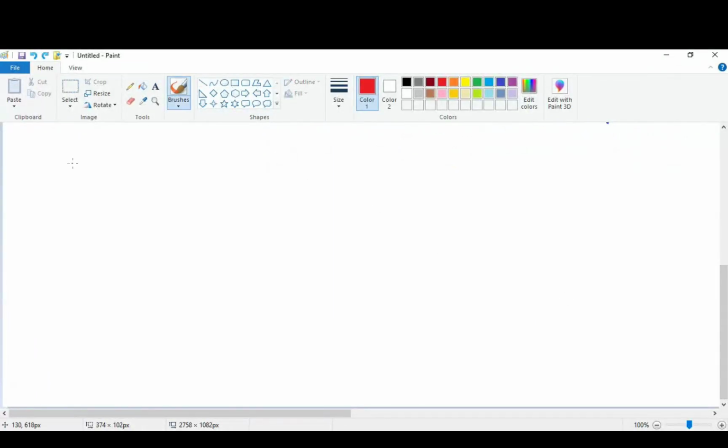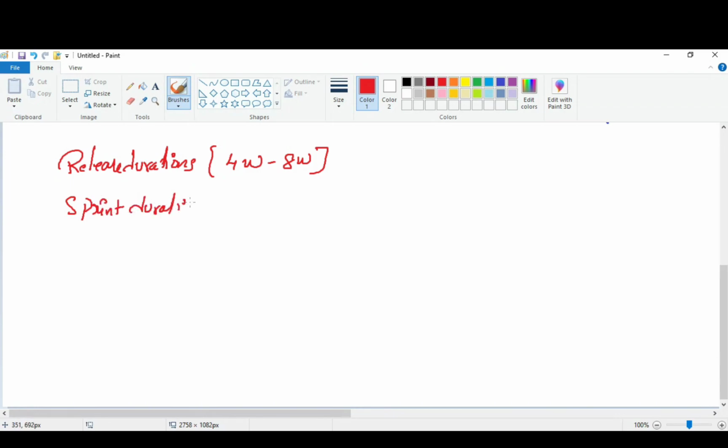Guys, release durations: take 4 weeks to 8 weeks. Anything between 4 weeks to 8 weeks. Okay. And then sprint duration. Take anything between 1 week to 6 weeks.